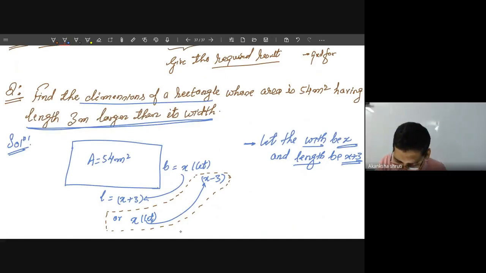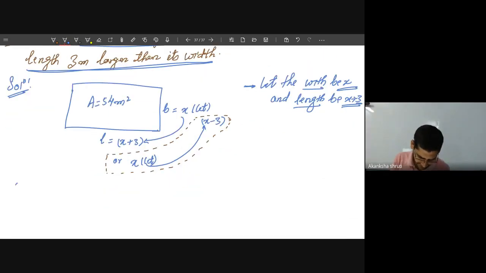Now where is the other condition? The other thing is, student, it is given that area is this much. So area means now you have to apply the formula for area. Since it is a rectangle, you are free to apply the formula of a rectangle. If it is some other kind of dimension, accordingly you have to apply the other formula. So according to the question, area is equal to 54.